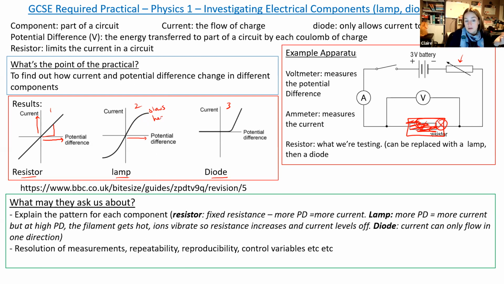And it's all because of heat and collisions between the electrons and the particles. Because you're putting more potential difference in there, you put more energy, particles are moving around, more collisions, more heat, that increases the vibrations more, and you just increase more and more collisions. Every time something collides, that's friction, that's heat.